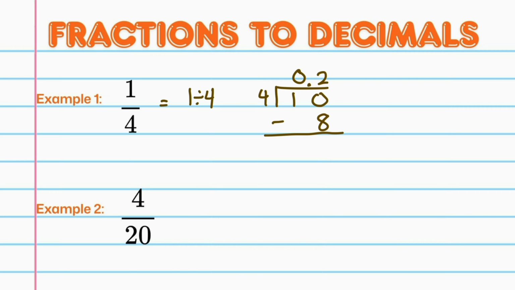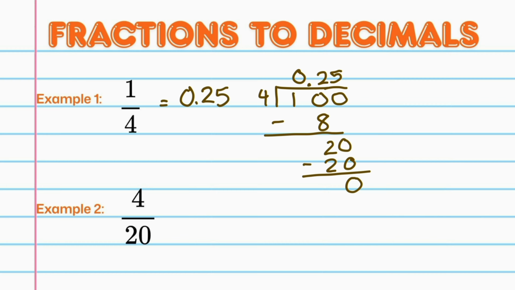So 10 minus 8 gives me 2. And I have a remainder of 2, so I'm going to add another 0 and bring it down. 4 goes into 20 5 times. 4 times 5 is 20. That gives me a remainder of 0. So what is 1/4 written as a decimal? Well, it's written as 0.25.